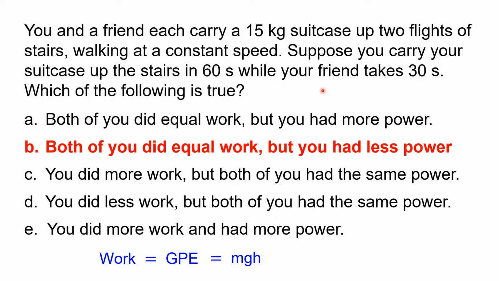And for you and your friend, you both walked up 2 flights of stairs, so you both gave it the same height and same mass, same acceleration. So long story short, you both did equal work. Power includes time, and since you took longer, twice as long, in fact, you used less power.